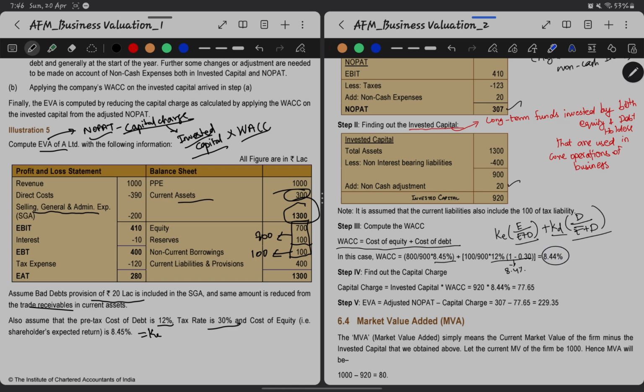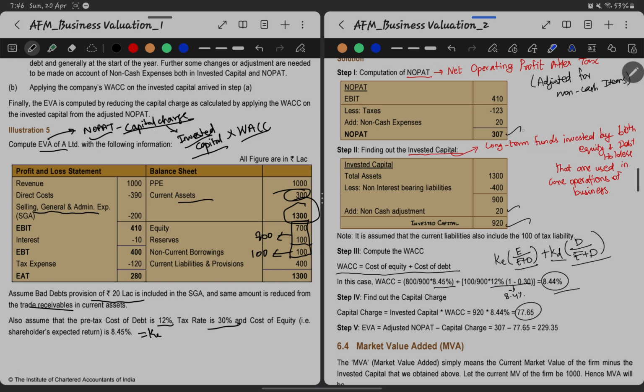Now the capital charge is nothing but the invested capital multiplied by the weighted average cost of capital. So 920 is the invested capital adjusted for non-cash items, multiplied by 8.44 percent, will give us the capital charge, which is 77.65. Now the economic value added will be NOPAT 307, adjusted for non-cash items.